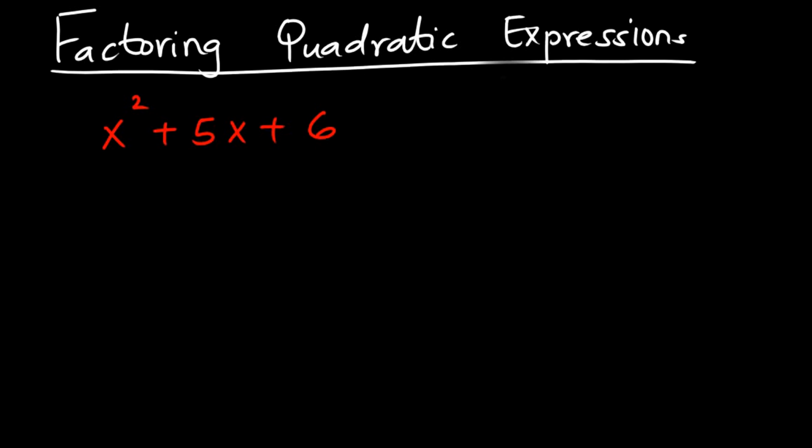There's a difference between an expression and an equation. We are going to start with quadratic expressions where the coefficient of x squared is 1, the number appearing just before x squared is 1.